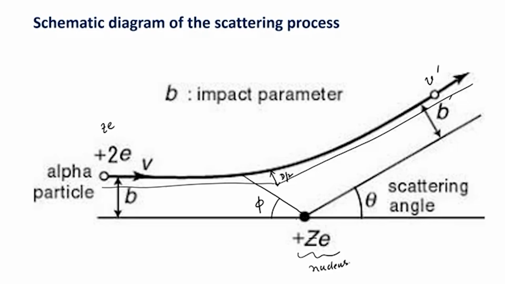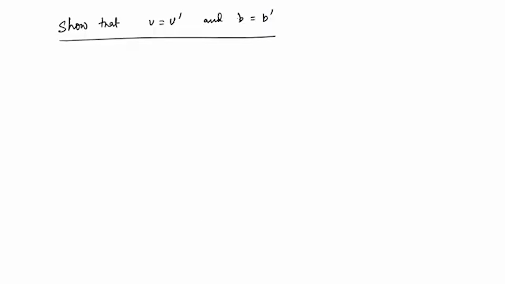So, this is called b, and after it gets scattered and is on its way to the detector, let us call that b prime. It is either called the distance of closest approach, or it is also called the impact parameter, and it plays an important role in this scattering theory.